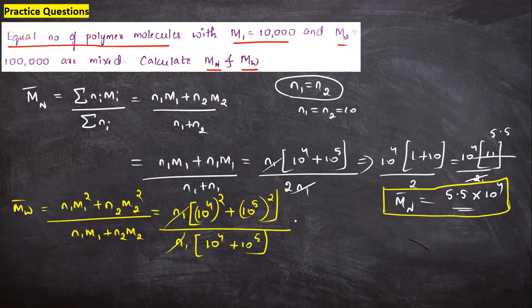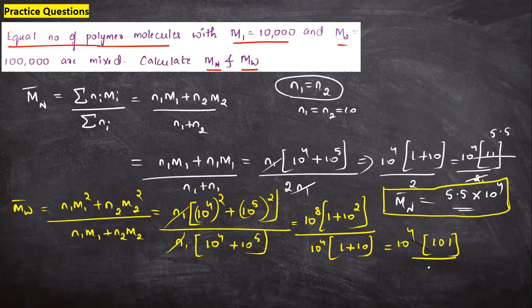Just cancel N1 N1. So we will get 10 raised to 8 and 10 raised to 10 in the numerator. If we take 10 raised to 8 common, it will be 1 plus 10 raised to 2, divided by 10 raised to 4 taken common, which is 1 plus 10. Taking 10 raised to 4 up, it becomes 10 raised to minus 4, so 8 minus 4 gives 10 raised to 4. 10 raised to 2 is 100, 100 plus 1 is 101, divided by 11.